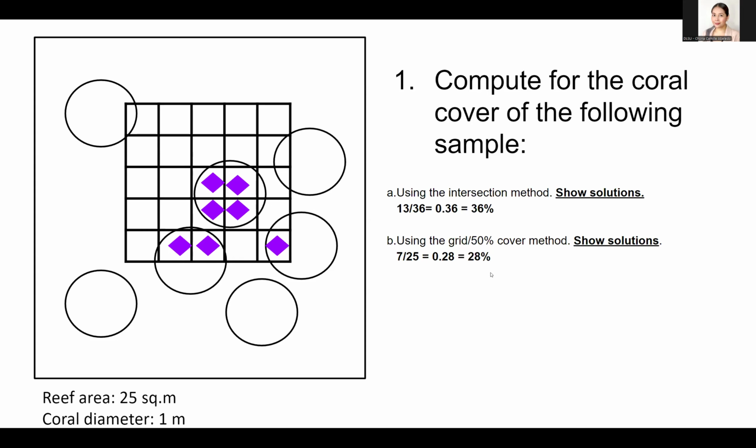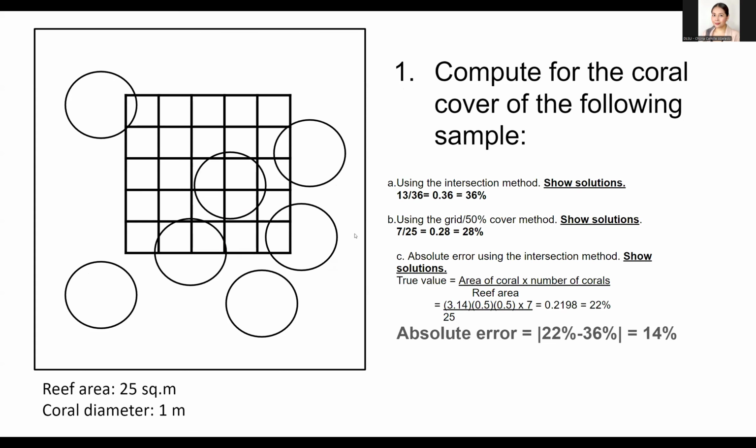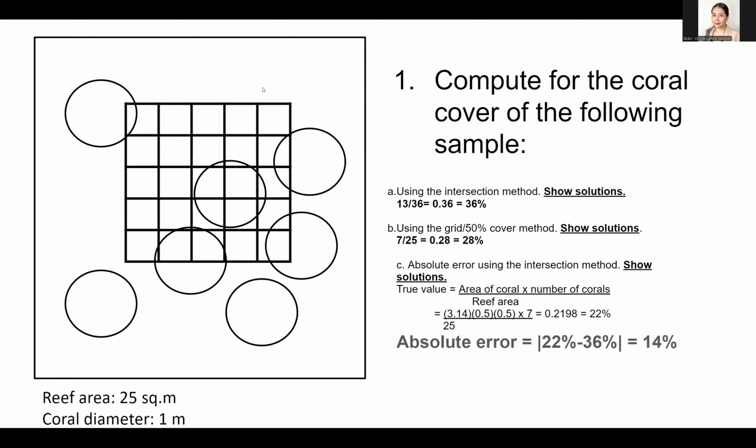So that's 28%. Now, things get a little bit challenging with letter C because this one asks you to compute for the absolute error using the intersection method. If you remember from our previous exercise, the absolute error is the difference between the true value and your approximation of the value.